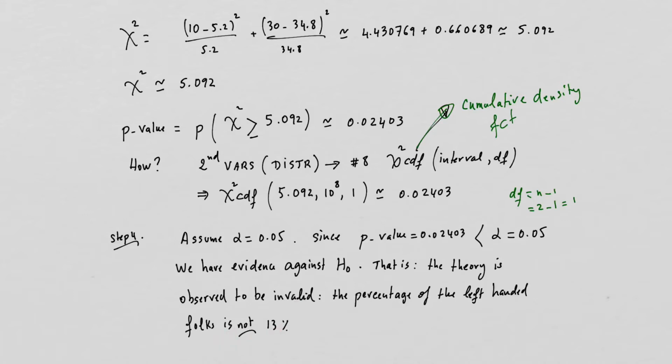Let me draw a quick picture for you. You may recall that the chi-square distribution is not normal. It's not even symmetric. It is extremely skewed to the right, and it looks something like this.